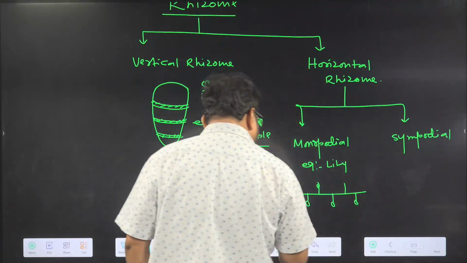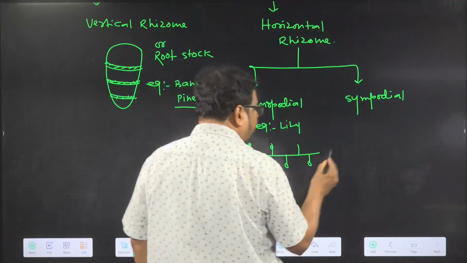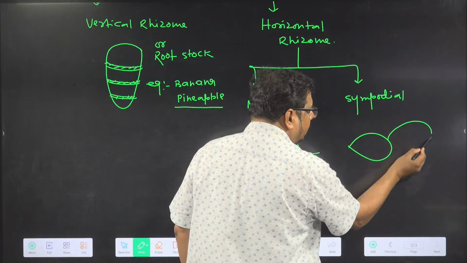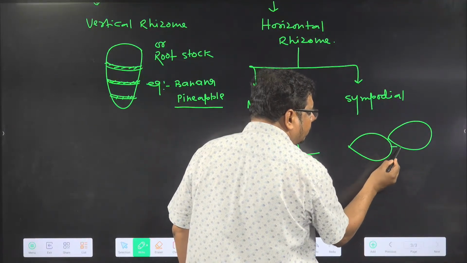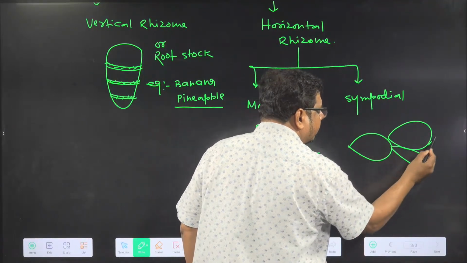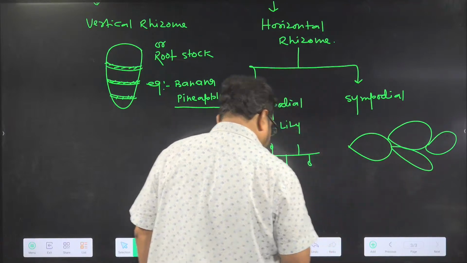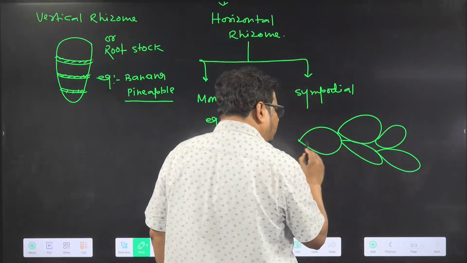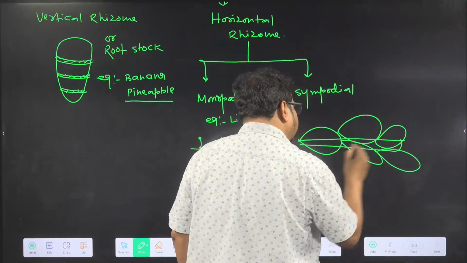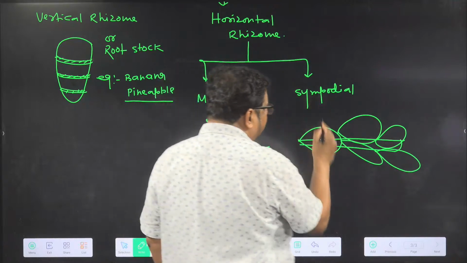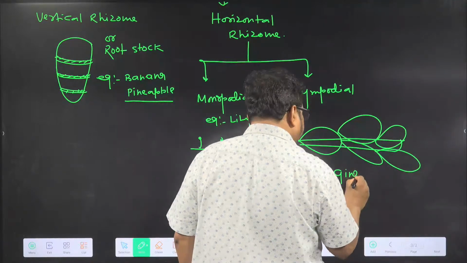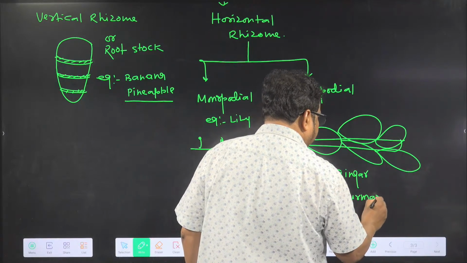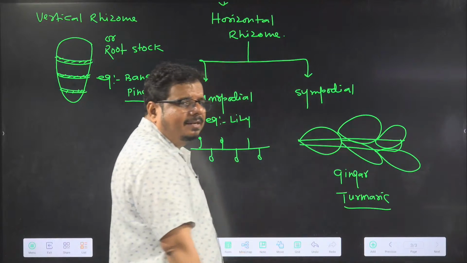In sympodial, the branches and main stem fuse together, and you cannot say which is the branch and which is the main stem. This sympodial type is present in ginger and turmeric.